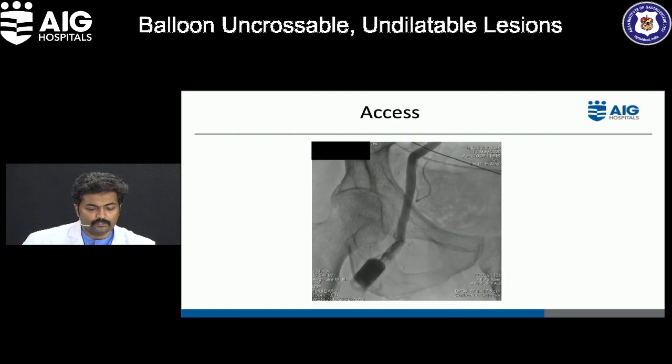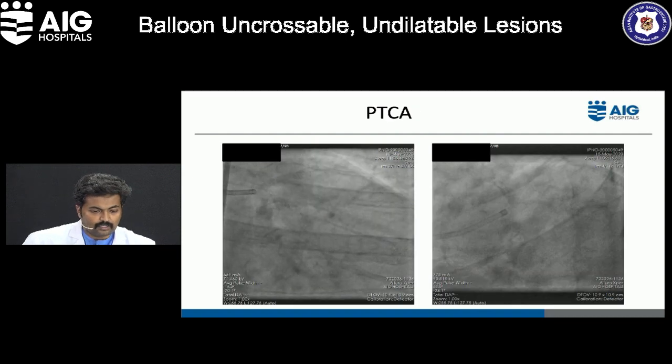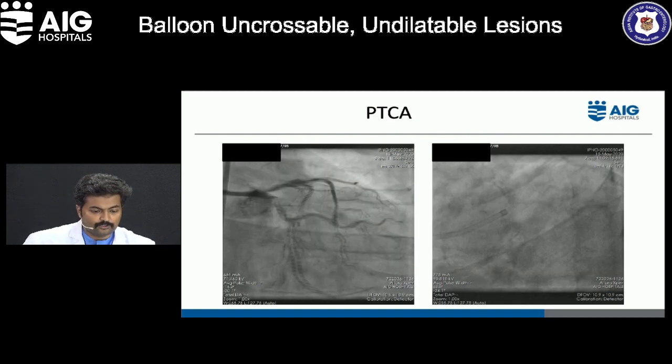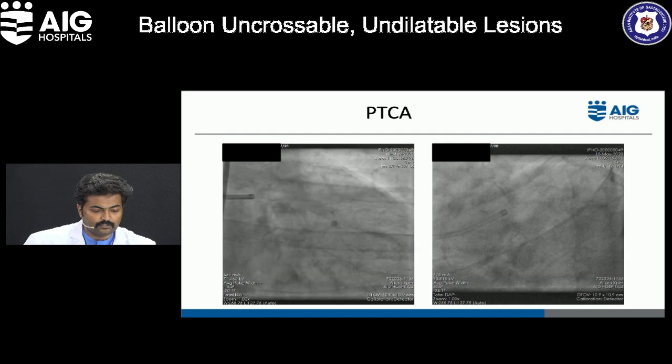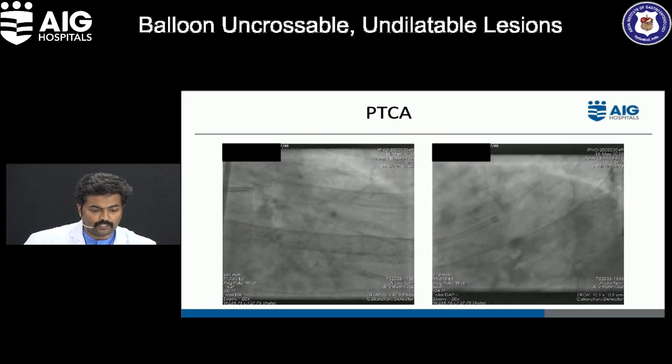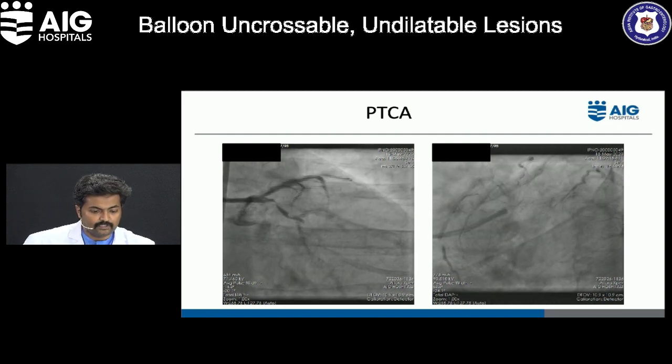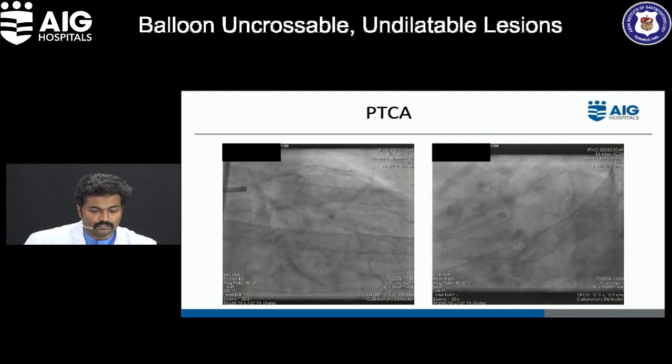So we took an access, right femoral access, with a micropuncture technique, with a good puncture there, and this was the PTCA shots, again showing the LCX which we wanted to tackle at that point of time, which was severely calcified with aneurysms in the LCX.